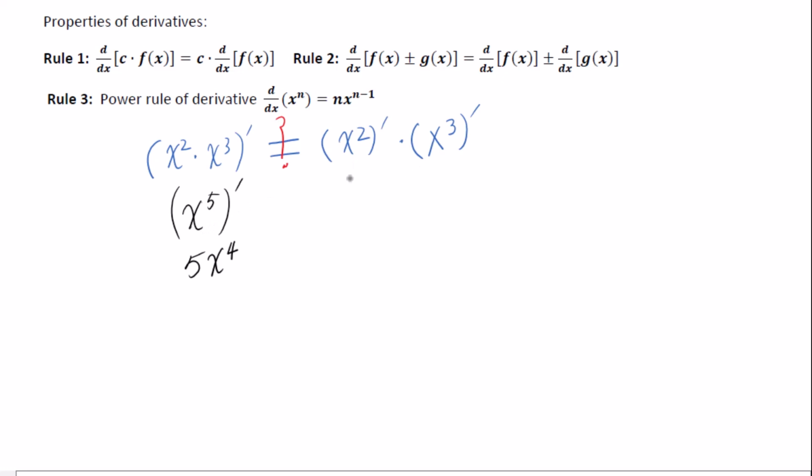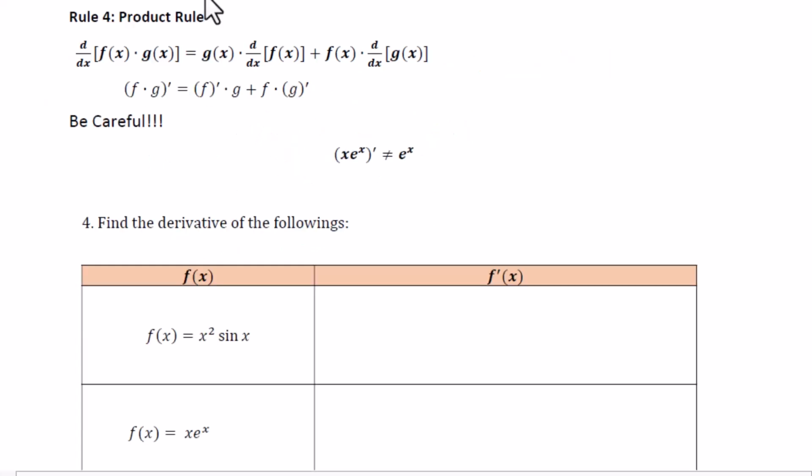On the right side, (x squared) prime is 2x, times (x third power) prime, which is 3x squared. Multiply, and we get 6x to the third power. So they are not equal to each other, which means we cannot do this.